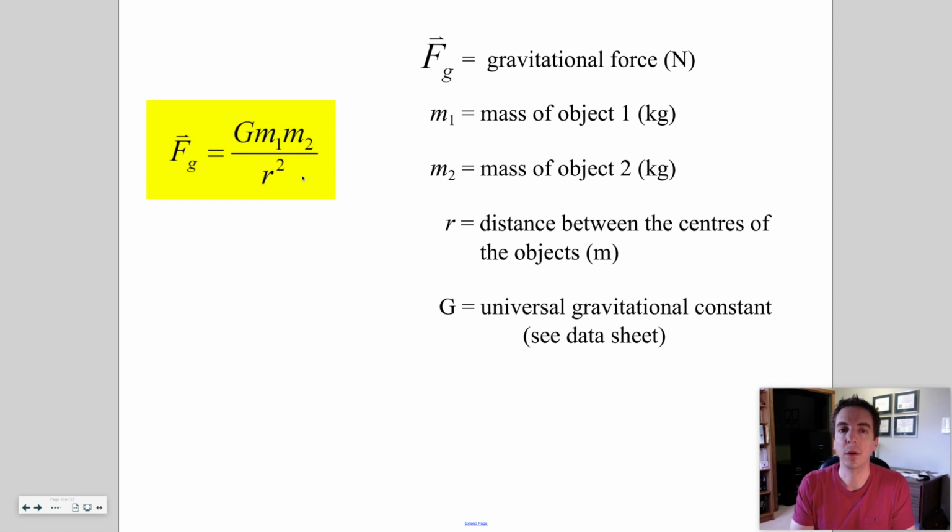However, we know that there's satellites orbiting the Earth. The moon is a satellite of the Earth, and it goes around and around. Obviously, it is attracted to the Earth. That is a gravitational force. You've got a force between m1, the Earth, and m2, the moon.